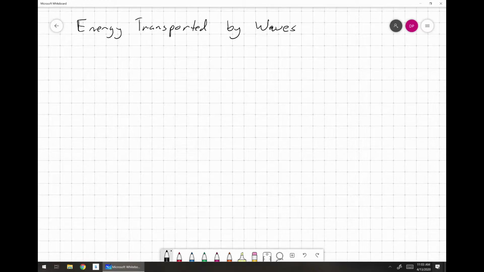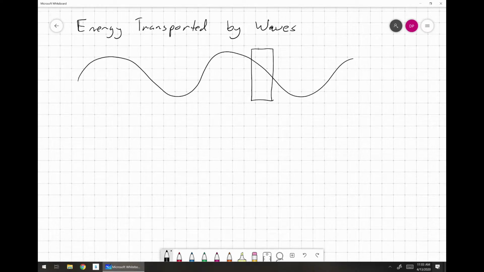So if we have some wave here traveling along, and we consider some little box of the material, so let's say we've got this slab of material, and the wave is traveling through this particular slab of material.